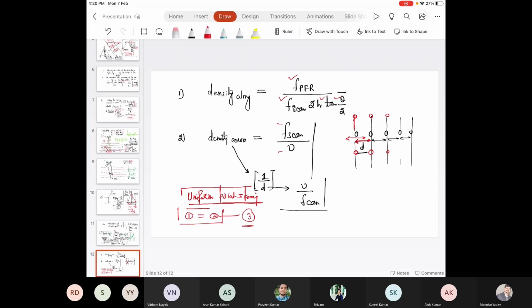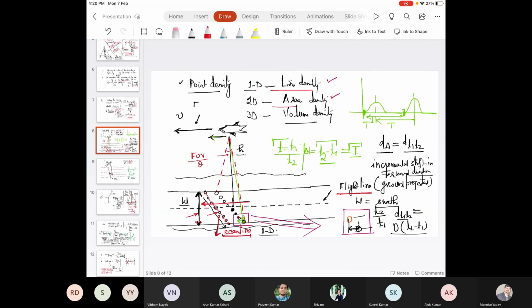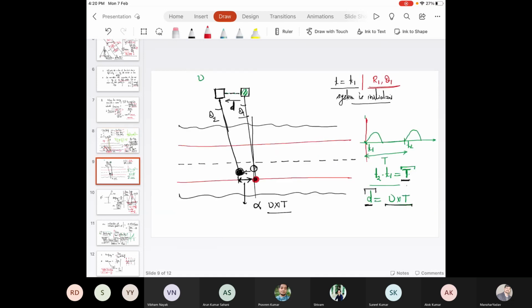Now I ask you to make a detailed note on this and let me know if there is any confusion, or which PPT you want to see. First make a note on the entire derivation we have done for calculating the along the scan line density and across the scan line density.